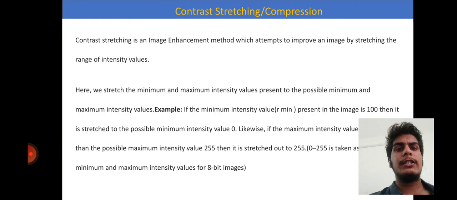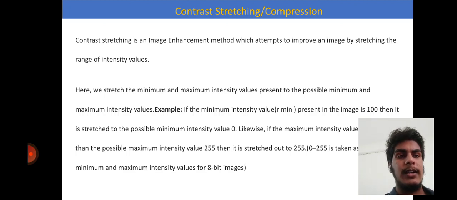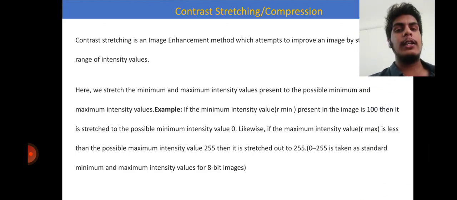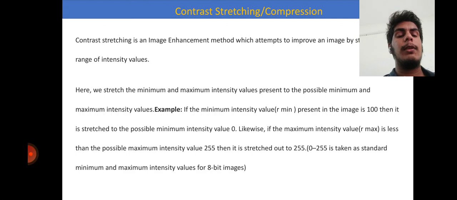Contrast stretching is an image enhancement method which attempts to improve an image by stretching the range of intensity values. Here we stretch the minimum and maximum intensity values present to the possible minimum and maximum intensity values. For example, if the minimum intensity value present in the image is 100, then it is stretched to the possible minimum intensity value 0.